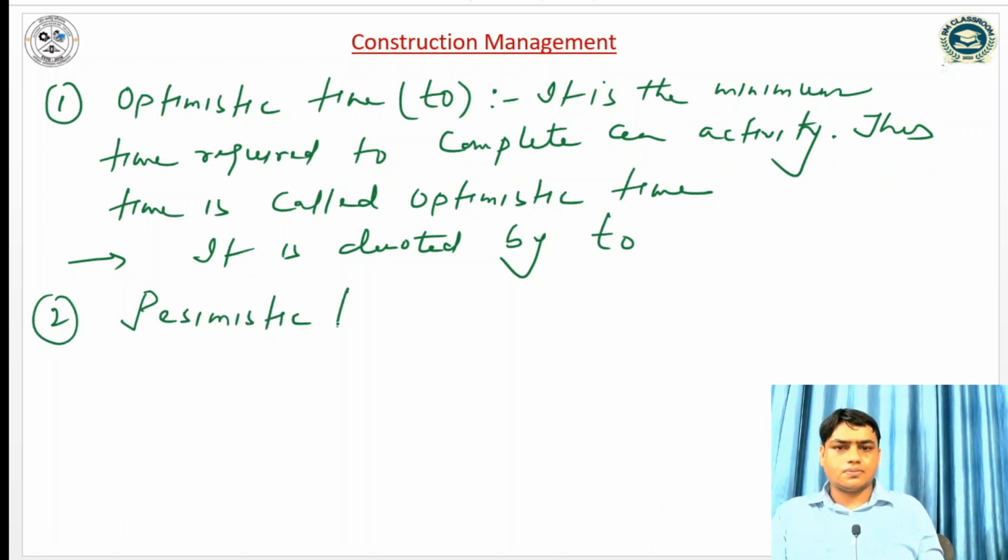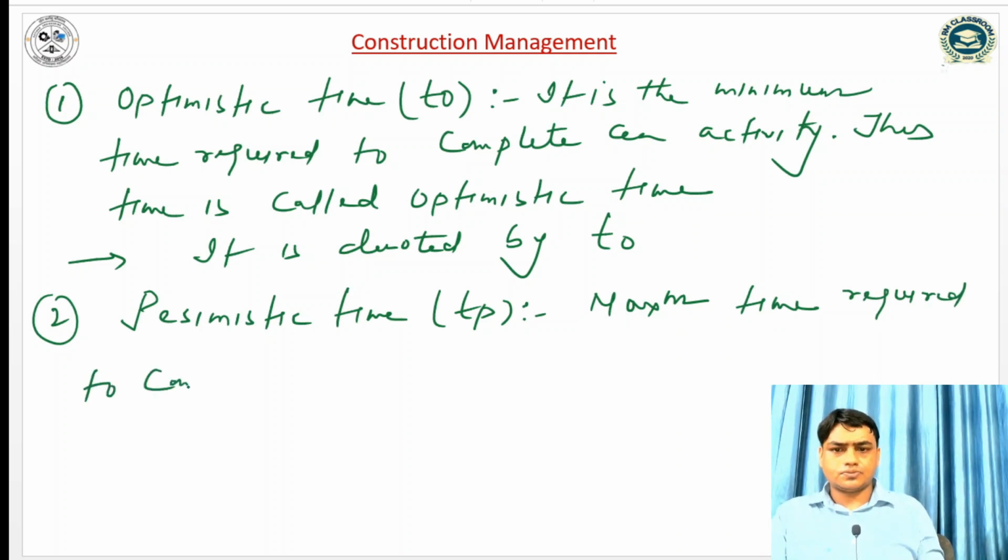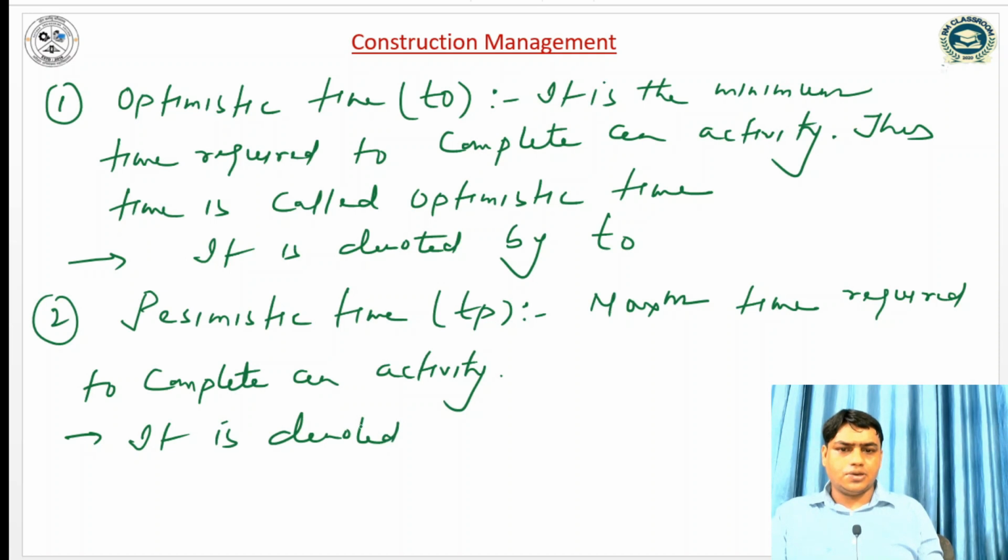Similarly, the second one is pessimistic time, TP. It is the maximum time required to complete an activity, when the worst condition is there. It is denoted by TP.